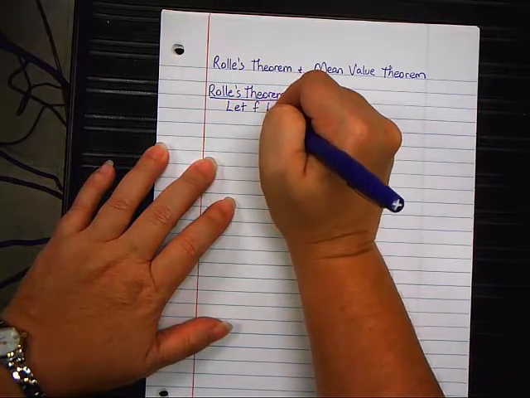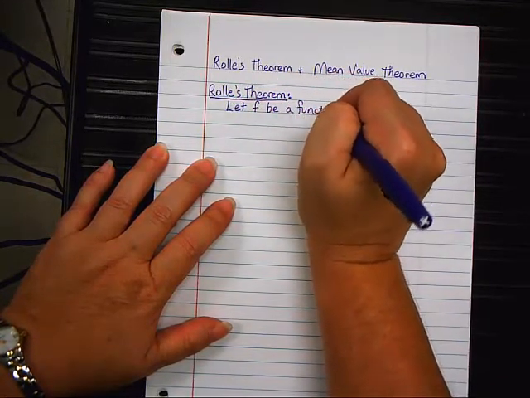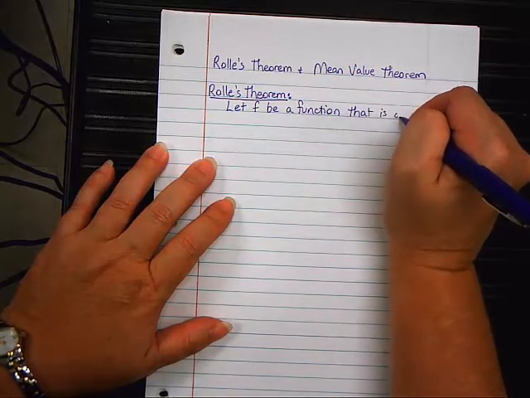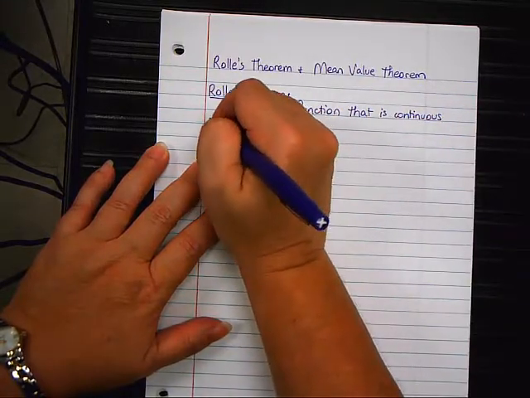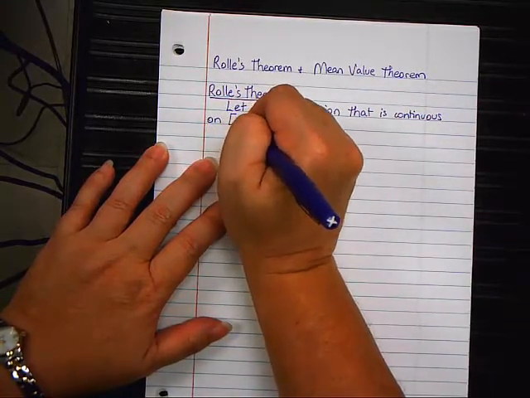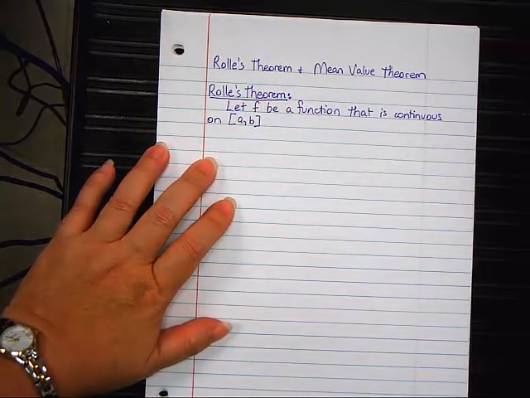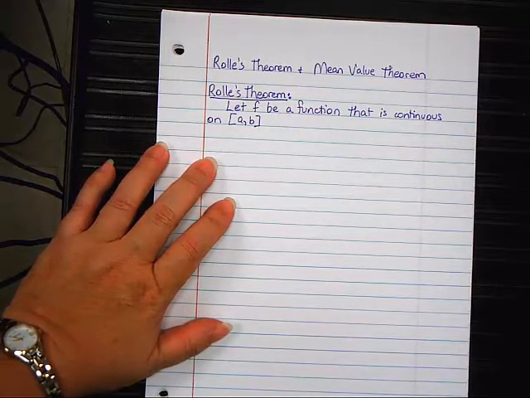Let f be a function that is continuous on the closed interval from a to b. Now that's usually been the starting sentence for every theorem we've done so far: let it be continuous on a to b.